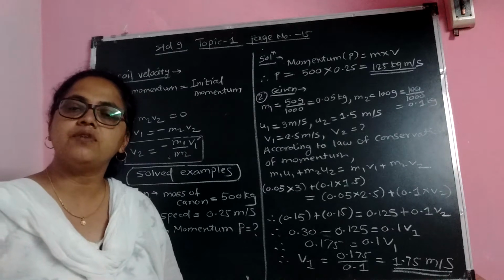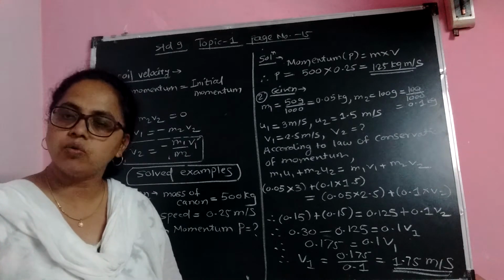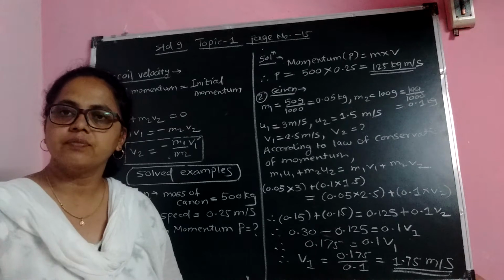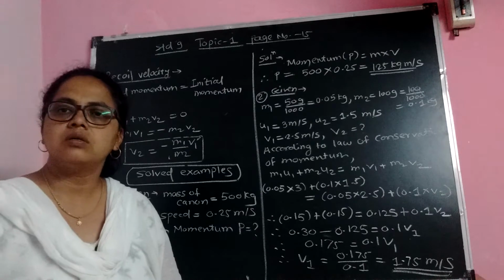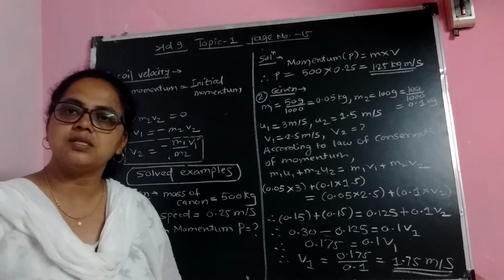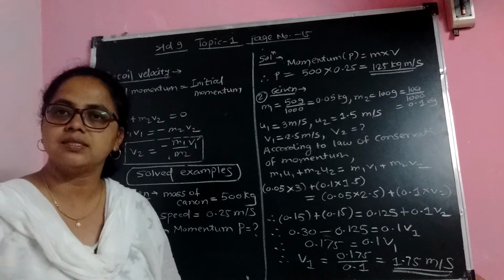First, when an example is given in physics, you have to write down the given quantities. Then you should know what to find out and then go for the solution, so that you can understand which formula is suitable to solve that example.